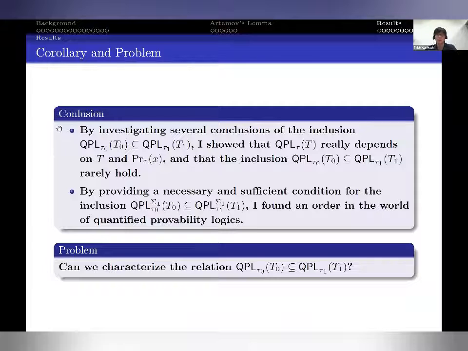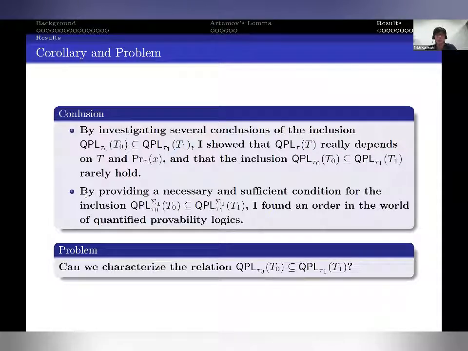And this is the conclusion of this talk. By investigating several conditions for the inclusion of quantified probability logics, I showed that the quantified probability logic strongly depends on T and the probability predicate, and that the inclusion rarely holds.